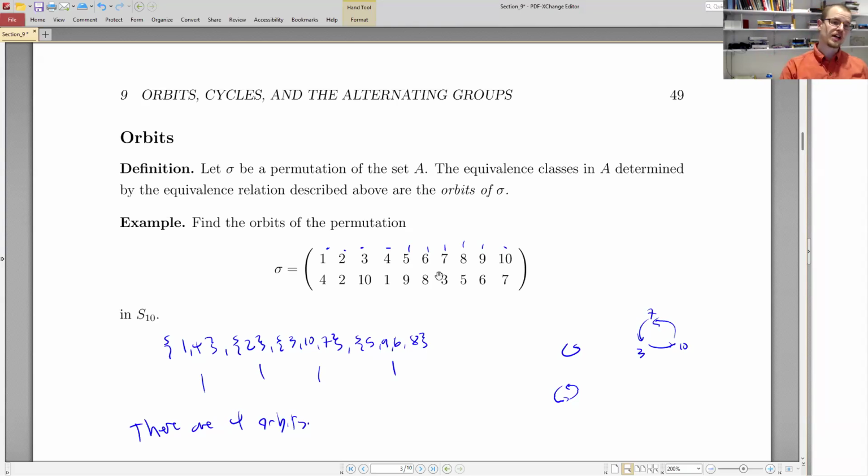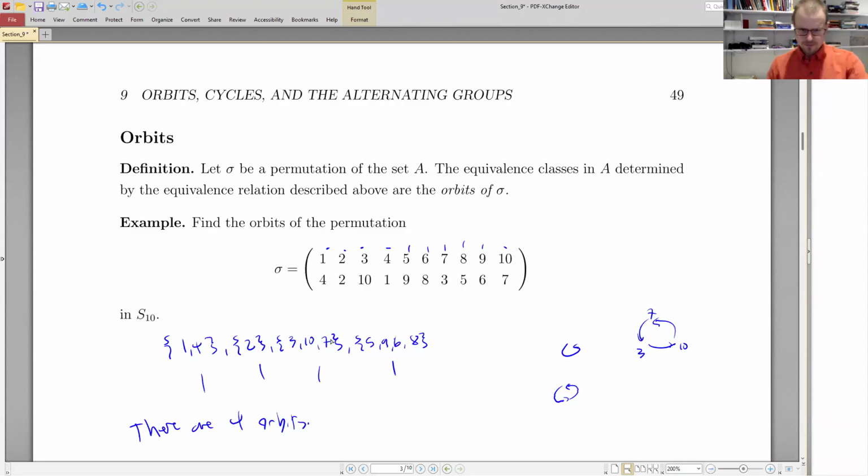In fact, after our discussion on cycles, which is coming up shortly, we will have a much more simplified representation for our permutations. And when we have that, it will no longer be necessary to write down all of the elements in the set A that are being permuted. And once you do that, you no longer know for sure what the set A is. You have to specify. Okay, so our set A is the numbers 1 through 10, which can be observed by saying that this is S10.